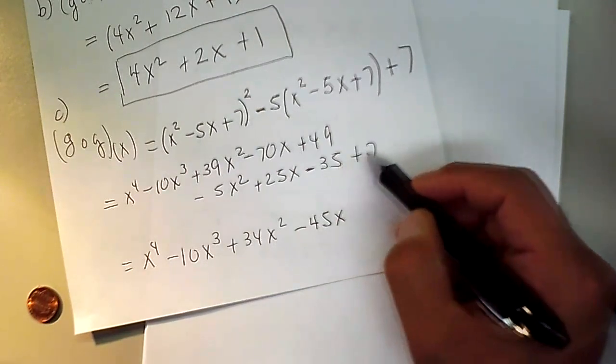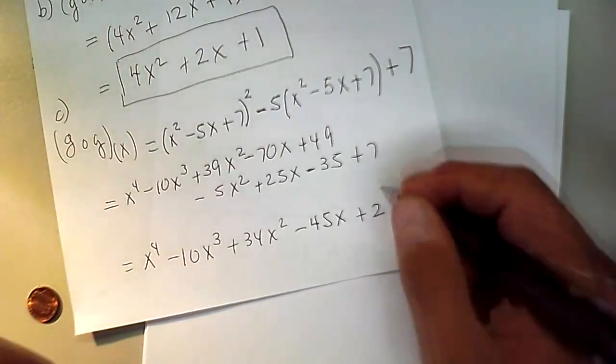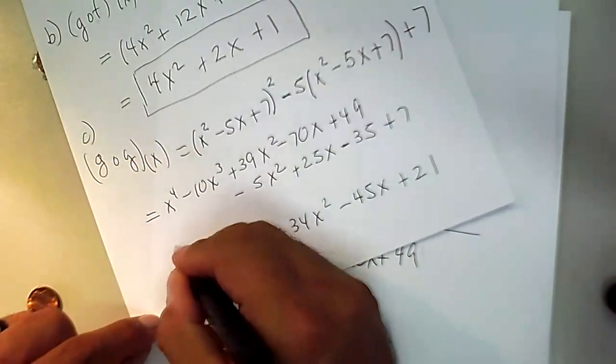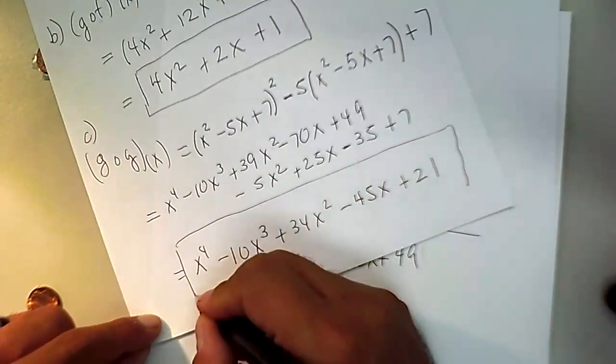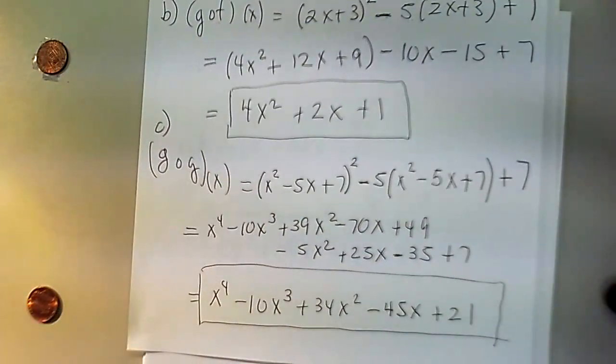So that is 14 plus 7 is 21. So unless I made a mistake, this should be the composition of G with itself. That was a difficult composition of G with itself.